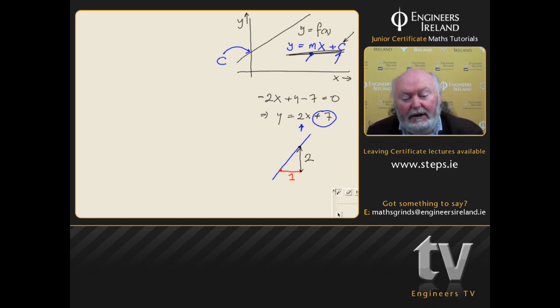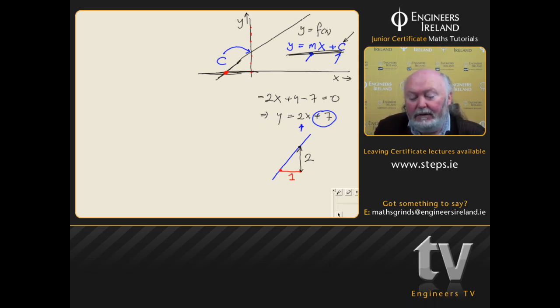Now, where does it cross the x-axis? Well, now hunting for that point. If you think about it, there's a certain y value here, another y value here, and lots of different places down here. Right down here, y is 0.